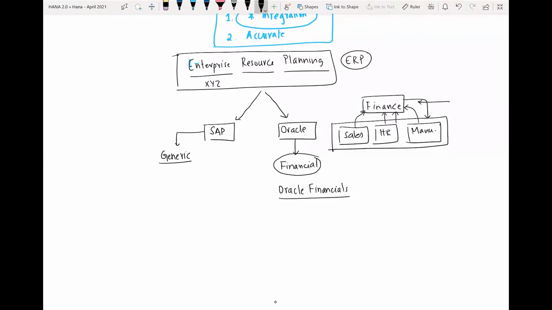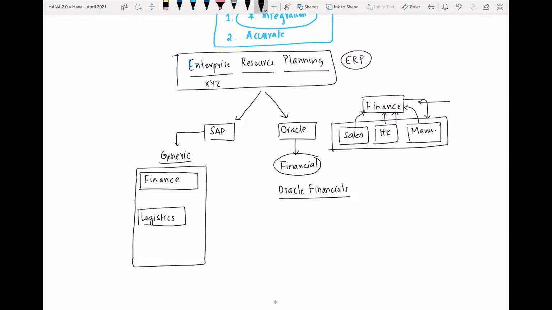So they created a product which broadly focuses on 3 major subsections of an organization. They said, obviously, I'm going to focus on finance because finance is very critical. I'm also going to broadly look at logistics.